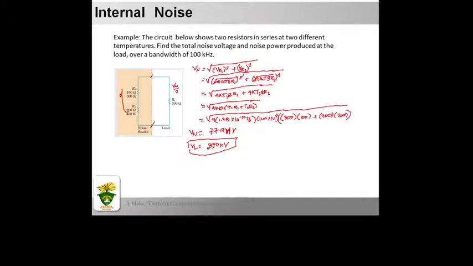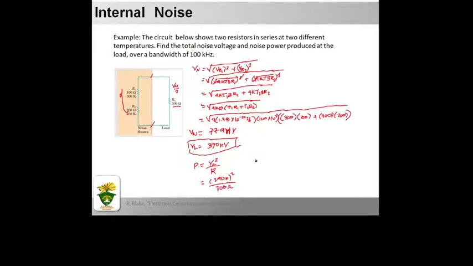Another problem is to compute the noise power produced at the load. We have already solved the voltage, and the resistance is also given, 300 ohms. So just use one of the equations from Ohm's law: power is equal to V squared over R. The voltage at the load is 390 nanovolts, squared, over the resistance, which is 300 ohms.